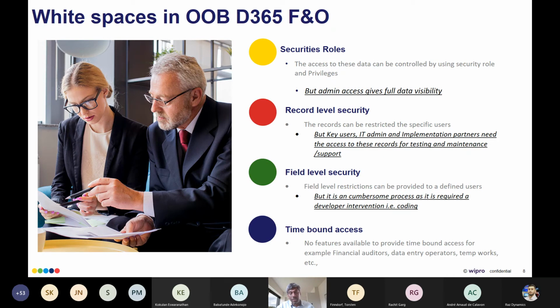The challenge here is it gives access to a record. That means I cannot see another department's record, another location's record, another person's record, but it's not stopping me from seeing my own record or my own division or department. And that data may have sensitive data. So this record level security also doesn't solve my purpose.